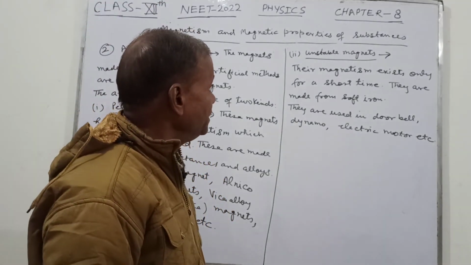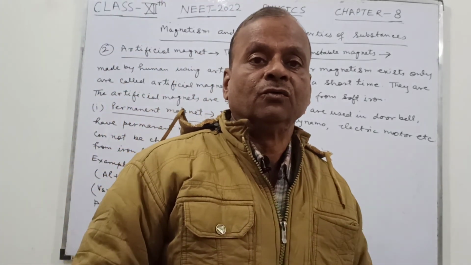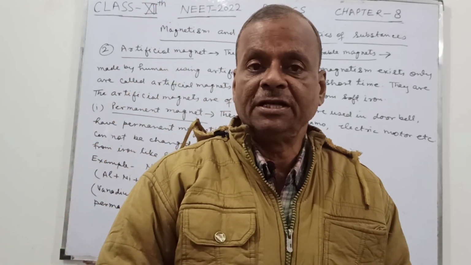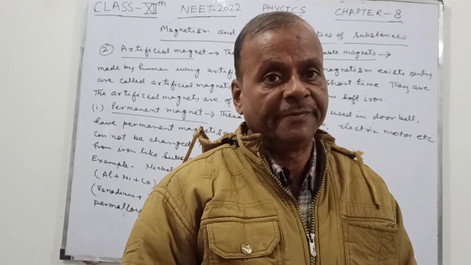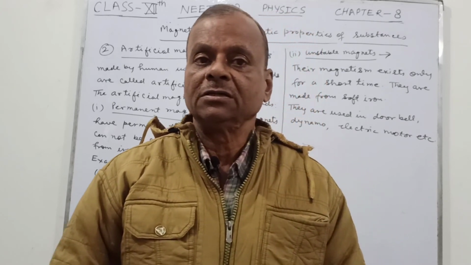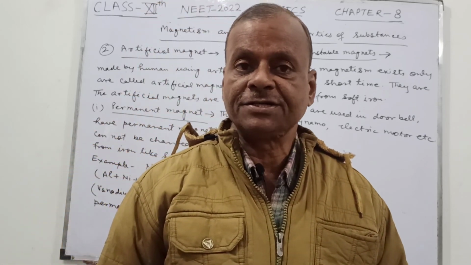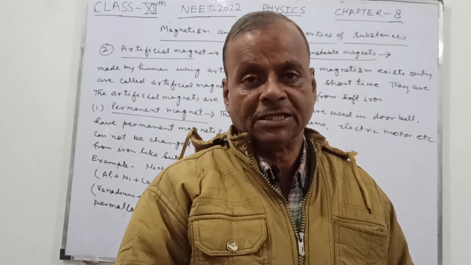So this is the initial part of magnetism: where it was found, the name of the place, what the natural magnets are, what the artificial magnets are, and how the artificial magnets are made. So these are the uses.